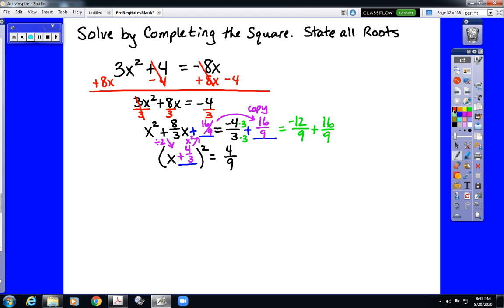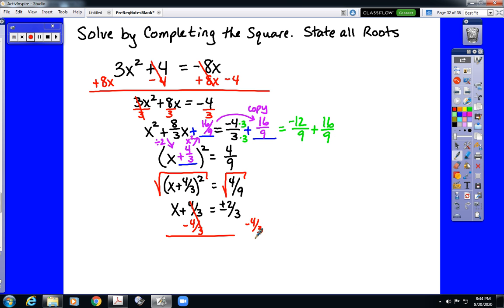We then take the square root of each side, so the square root of quantity x plus 4/3 squared equals the square root of 4/9. Again, on the left side, all that happens is the parentheses and the exponent cancel with the root. On the right side, we take the square root of the top and the square root of the bottom, which would be 2/3.